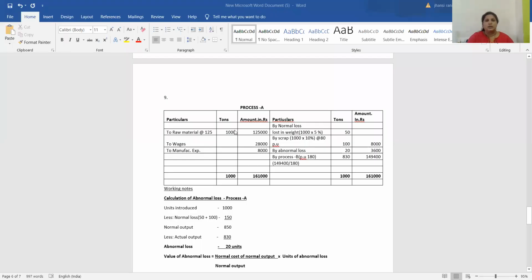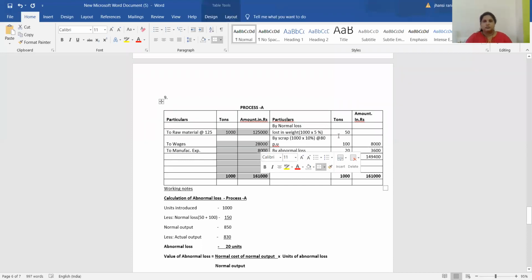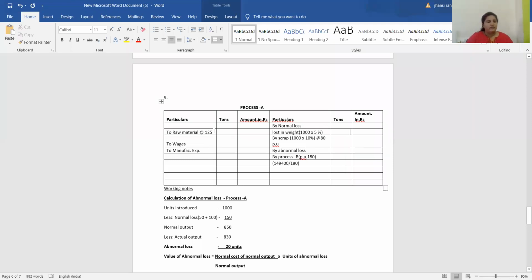Here we have process A and process B. In process A, they have given material consumed. On the debit side, we write to material consumed, because as it is an expenditure, we write on the debit side.